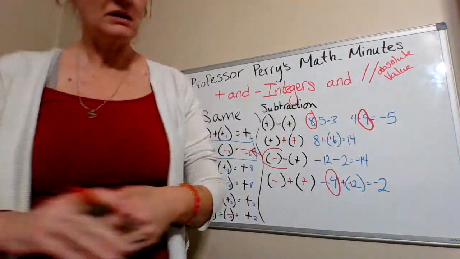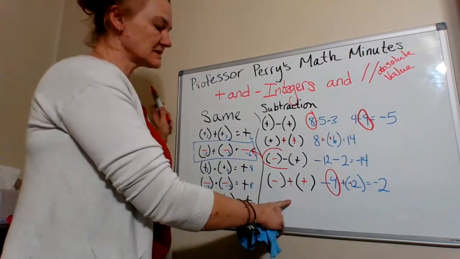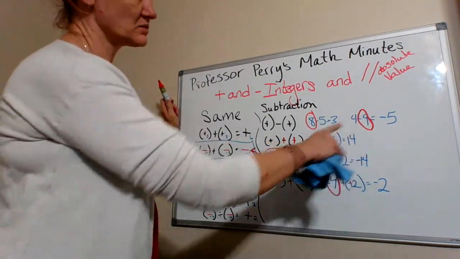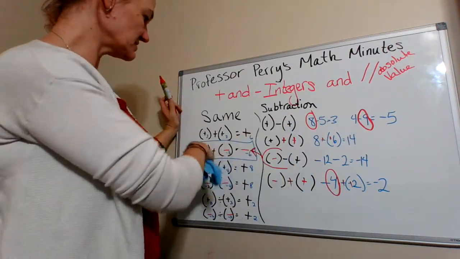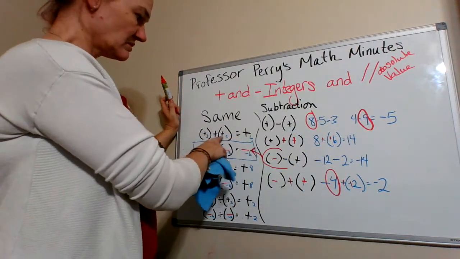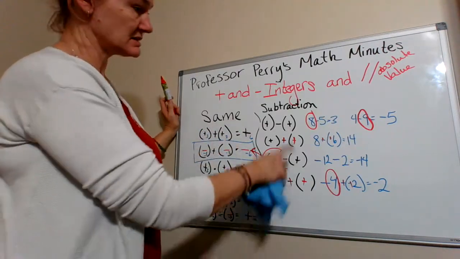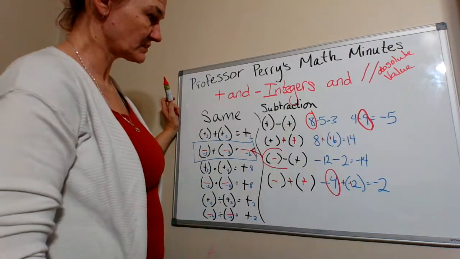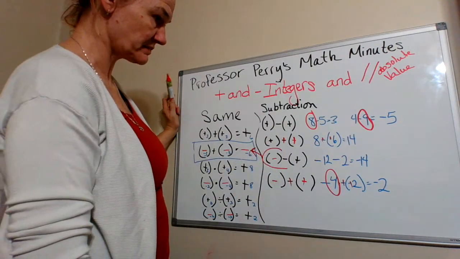So this is really, I think, the trickiest part, figuring out with addition and subtraction the plus and minus. Addition's easy. Whatever sign it is, if they're the same, it's pretty easy. Subtraction is tricky, especially this minus a negative.